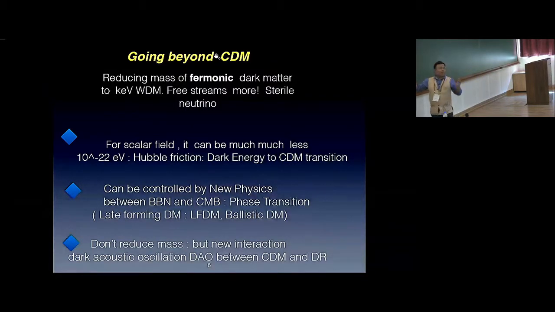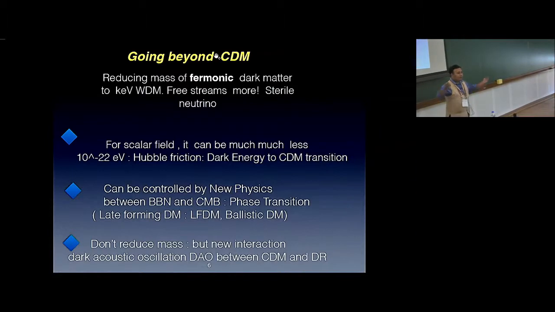Depending on the mechanism of transition, the radiation component has its velocity perturbation and density perturbation, and it maps suddenly into cold dark matter. In ballistic dark matter, you can actually change the CMB peaks also, and for LFDM, it is mainly the matter power spectra. But depending on the mechanism, both LFDM and ballistic dark matter get constraints from reionization physics. So I will be telling a little bit about that.